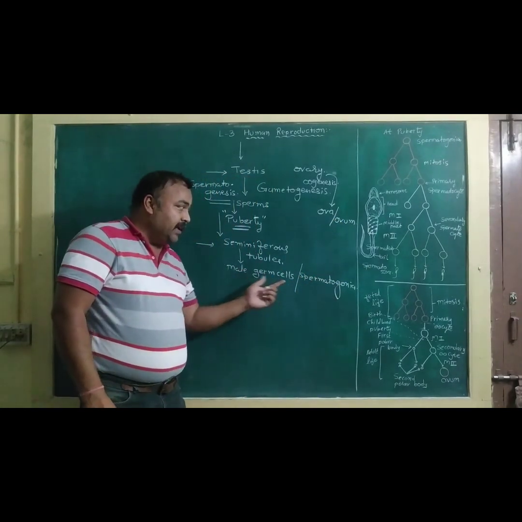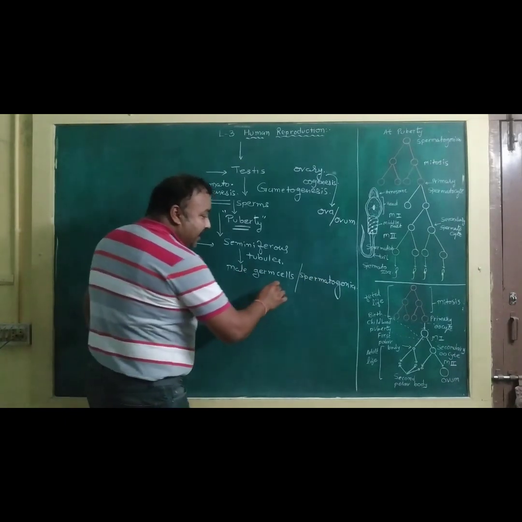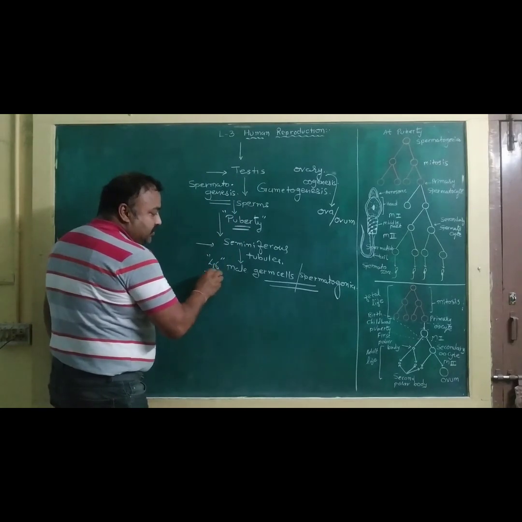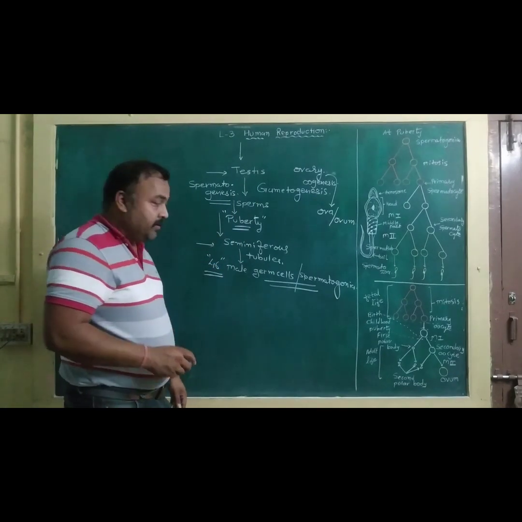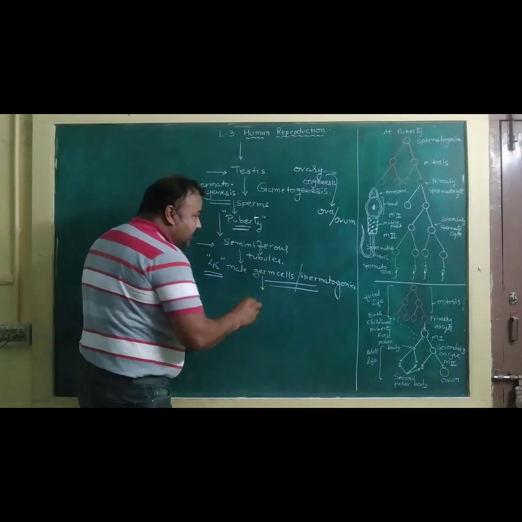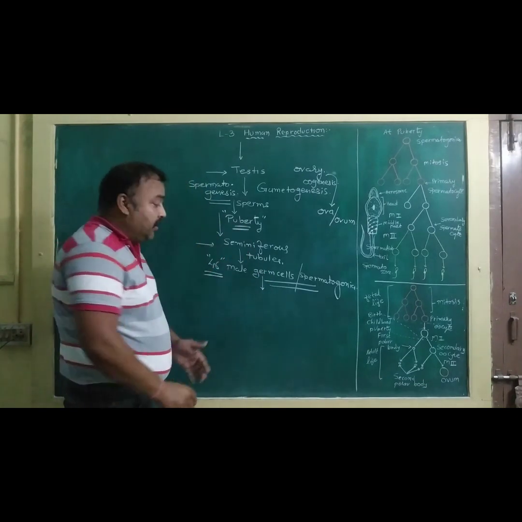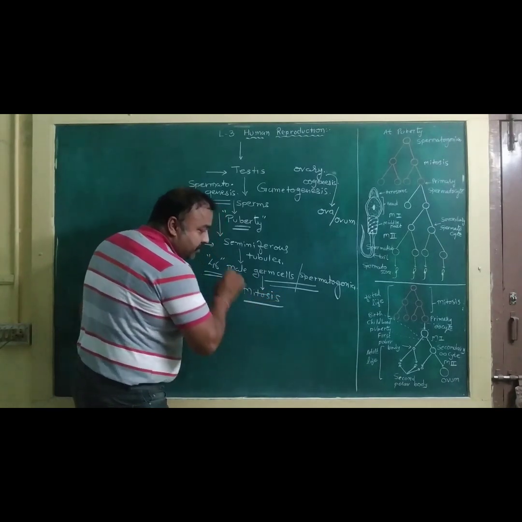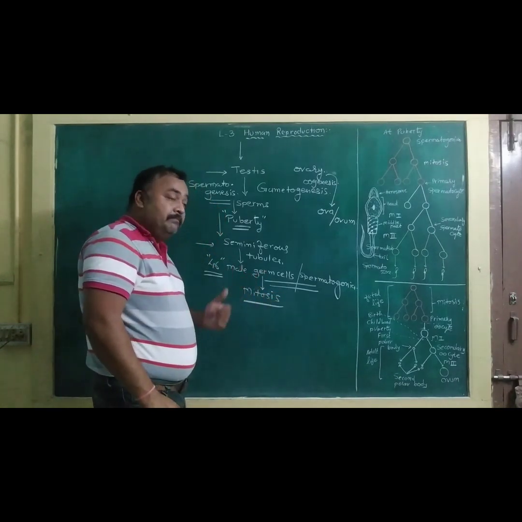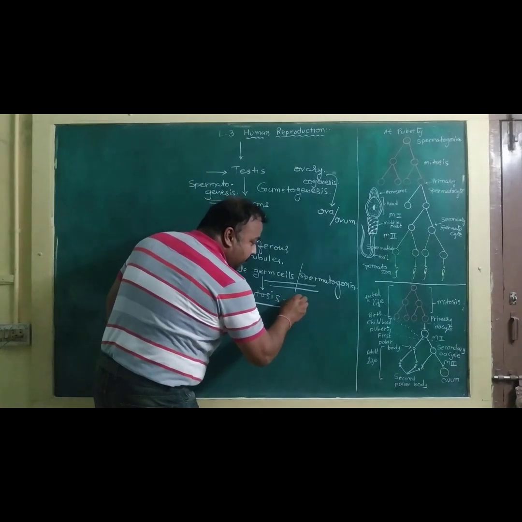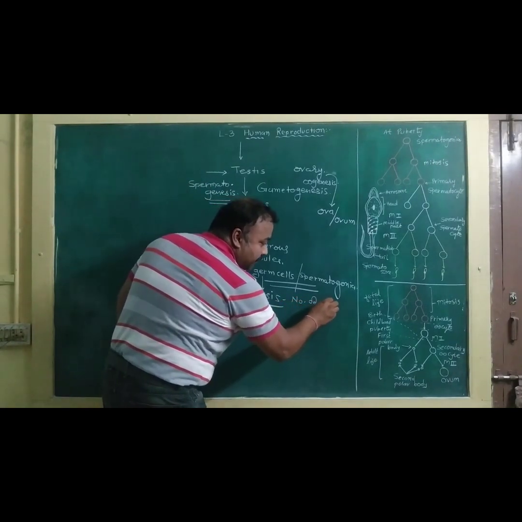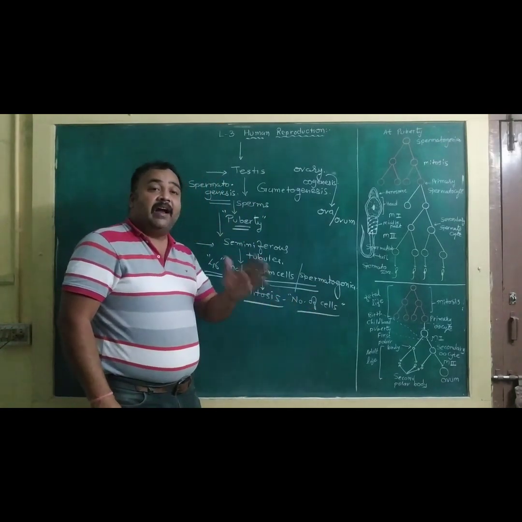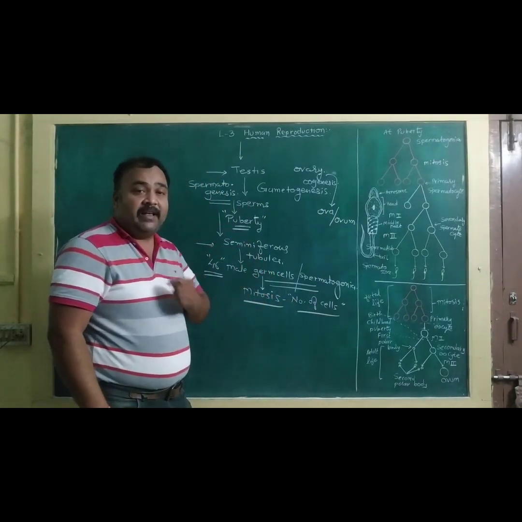The male germ cells or the spermatogonia are diploid in nature and they contain 46 chromosomes each. At the time of puberty, they undergo continuous mitotic divisions, and because of mitosis a large number of cells are produced. These cells are also known as male germ cells.